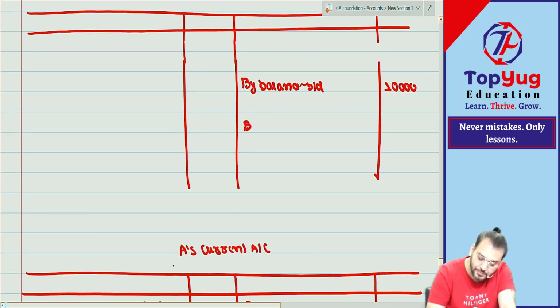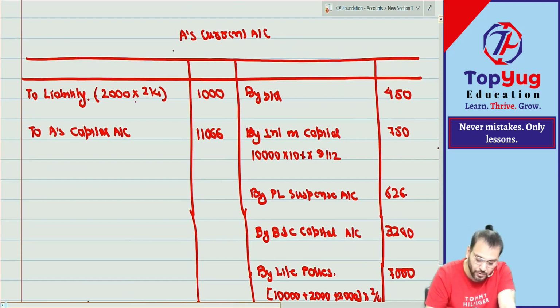By A's current account. How much? 11,000. Acha, there was one drawing also. We forgot drawing.